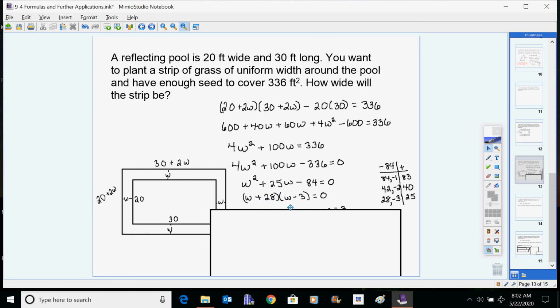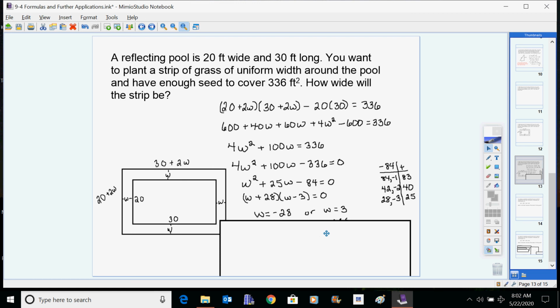This one equals 0 or this one equals 0. So you've got W equals negative 28. That makes no sense, because you can't have a negative 28 width for a strip, but you can have a 3. So your strip of grass that's going to go around the outside is going to be 3 feet.